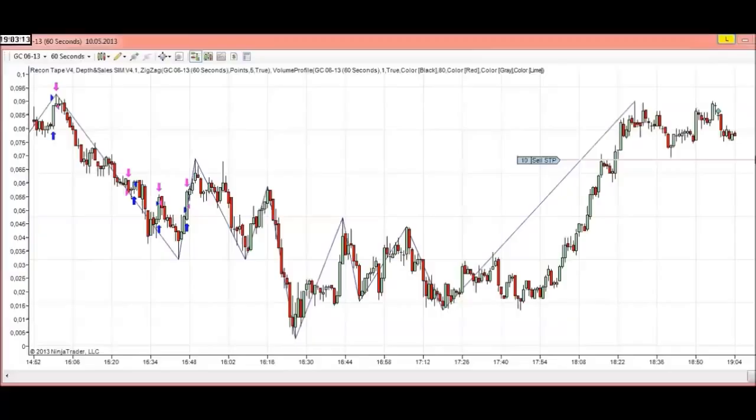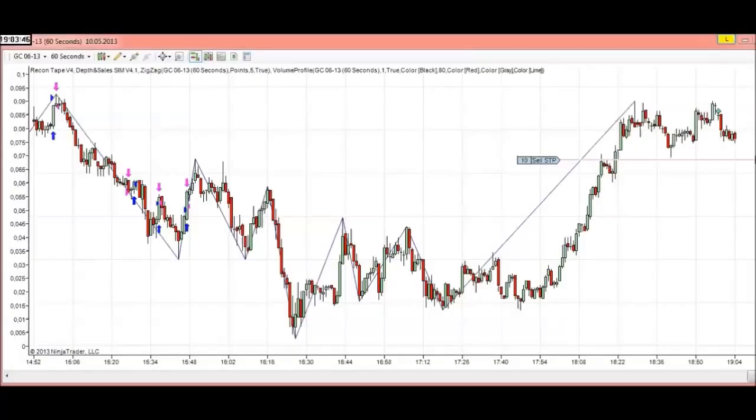So I found that the reconstructed tape, which tries to put individual orders back together into original large orders, is the best you can watch. I have set it with a filter of 10 orders, configured to reconstruct only large orders of at least 10 contracts, and to alert me on large orders above 20.